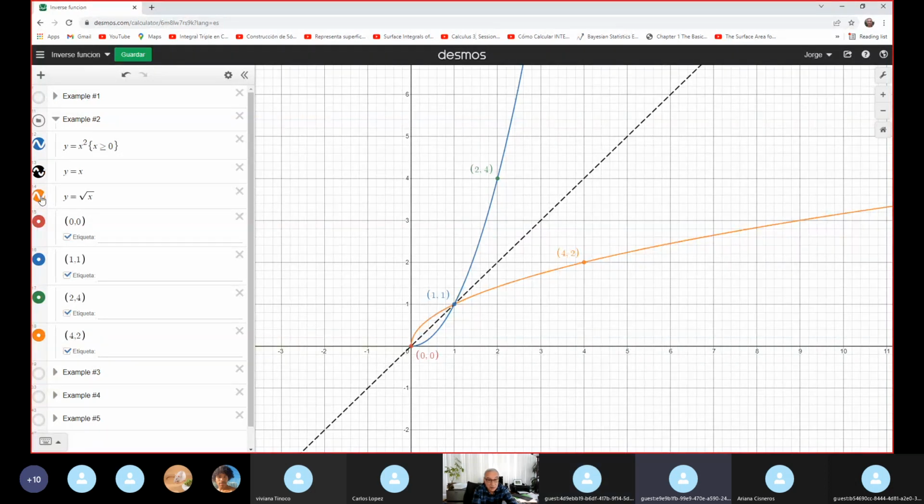And the important points 0,0, 1,1, 2,4, because in the blue is the power, so it's a quadratic function, square. 2 squared is 4, and the square root of 4 is 2, no?